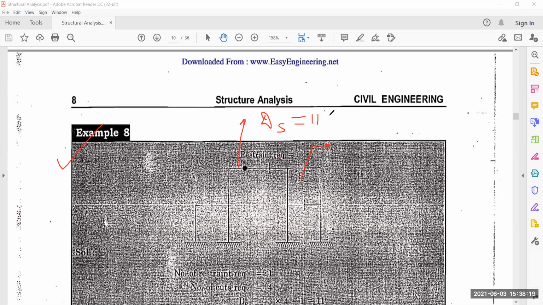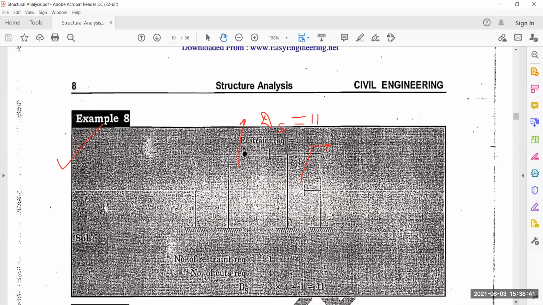So R is equal to 0. Okay. And for making it a cantilever, we need to make 4 cuts. That is C is equal to 4. Okay. And since there is one internal hinge, we need to add one release reaction. So by the formula, 3 times 4 is equal to 12, and minus one release reaction is equal to 11. Okay, good.